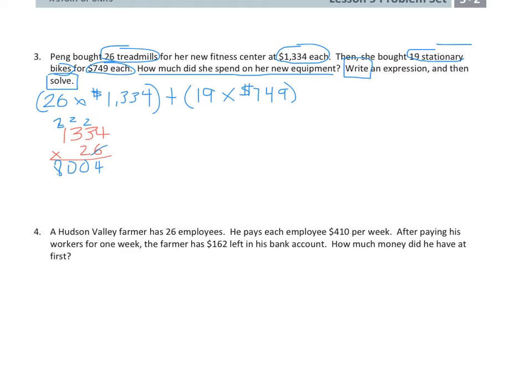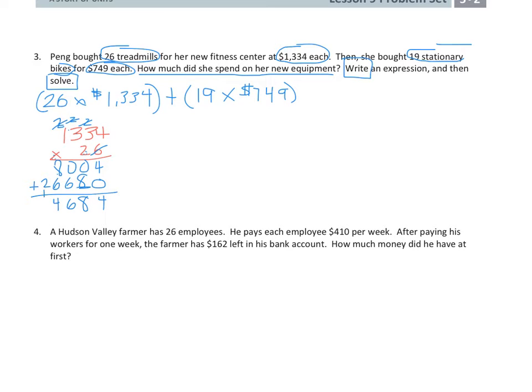I'm done multiplying by the 1s in 26, taking all the numbers up on top away, or just crossing them off. 0 placeholder, I'm starting in the 10s. 2 times 4, that's 8. 2 times 3, that's 6. 2 times 3 again, that's 6. 2 times 1, that is 2. Adding those together, I get 4, 8, 6. 8 plus 6 is 14.